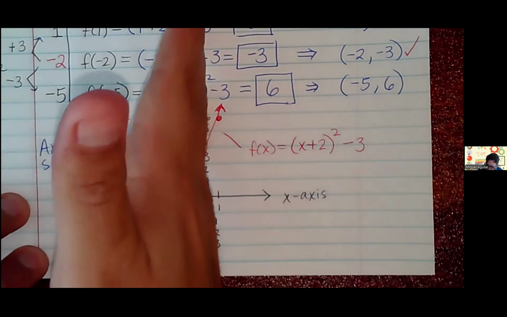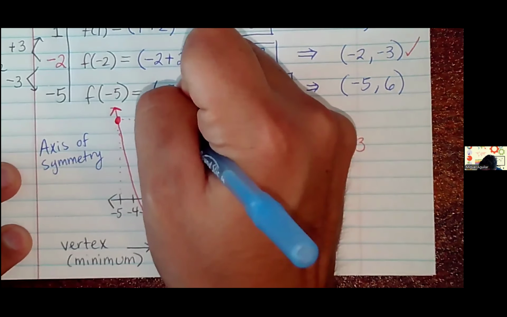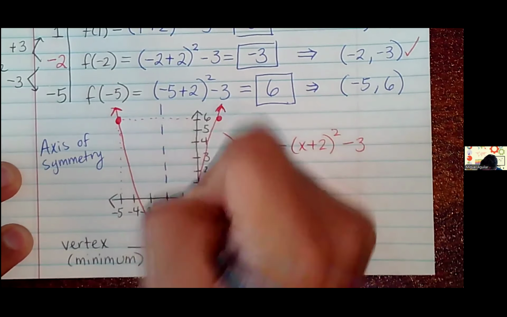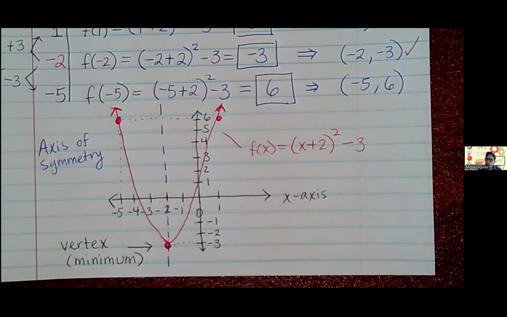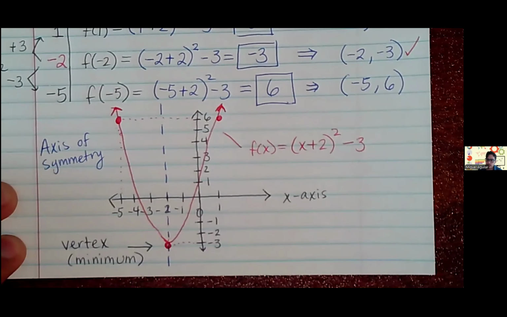In other words, if you were to cut this parabola in half, and I'll just put a little dashed line cutting through this halfway mark, right? If I cut through the vertex, that cuts my parabola into two perfect halves that if you were to fold them over that line, they would be overlapping. That line is called the axis of symmetry.